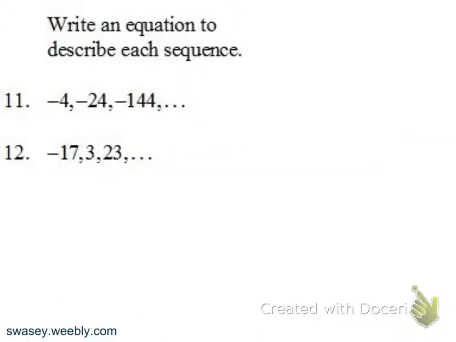Here we want to write an equation for each of these, so we've got to figure out whether we're multiplying or adding, whether it's an arithmetic sequence or geometric. So for number 12, we're multiplying by 6 each time. Negative 144 divided by negative 24 is 6. So it's a geometric sequence.